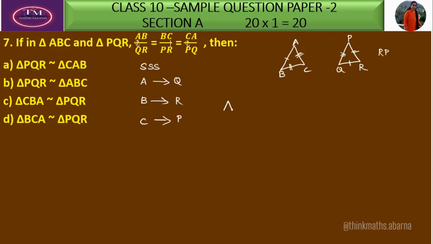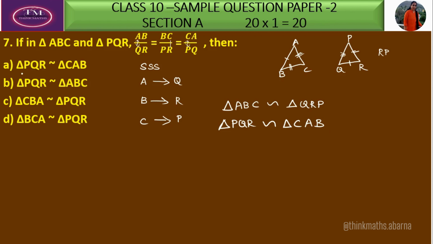Now let us take triangle ABC. It's similar to triangle QRP. But here we didn't find triangle ABC similar to triangle QRP. So they have started with PQR. So if we write triangle PQR similar to, for P we have C, and for Q we have A, and for R we have B. So it is triangle PQR similar to triangle CAB.